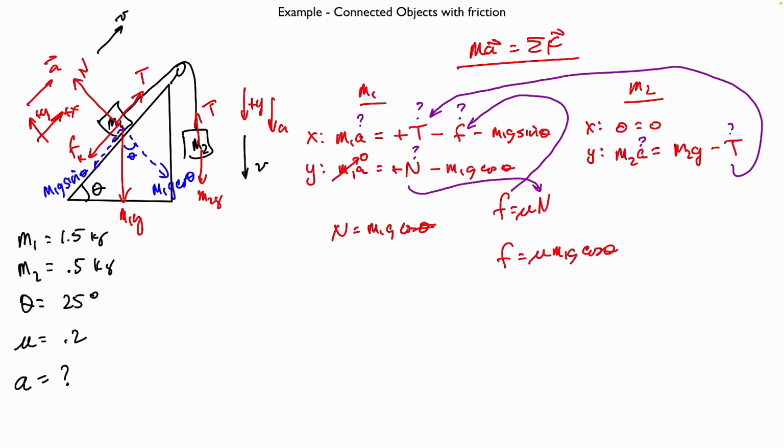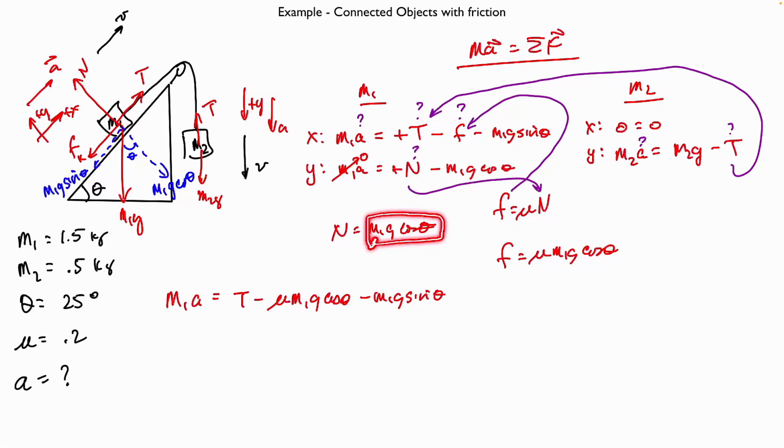That f is going to go up into this equation, m1a equals T minus mu m1g cosine theta minus m1g sine theta. To bring this home, when I solve this for n, I'm no longer seeing m1g cosine theta as separate things. m1g cosine theta is a number in my head.